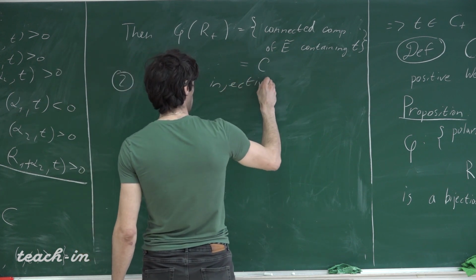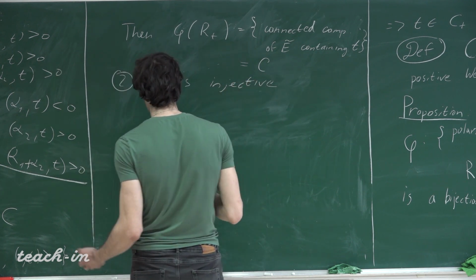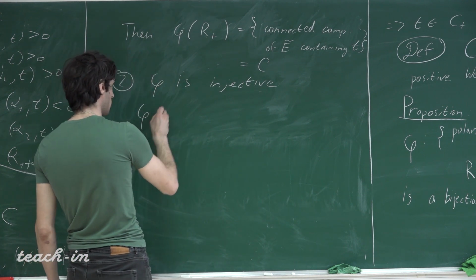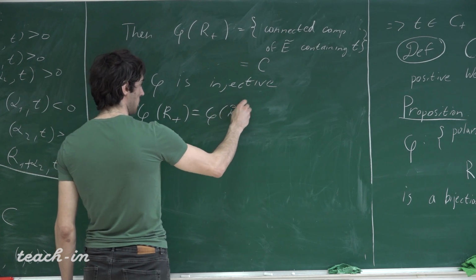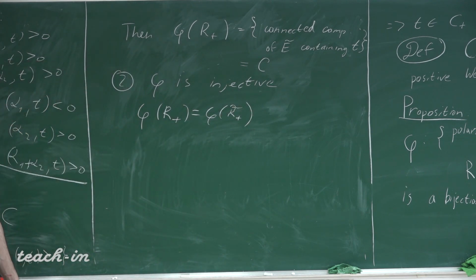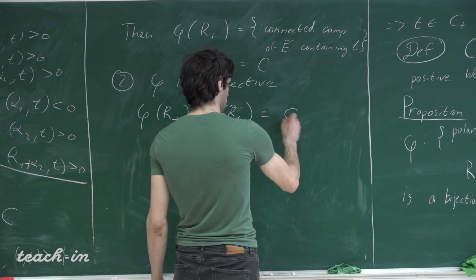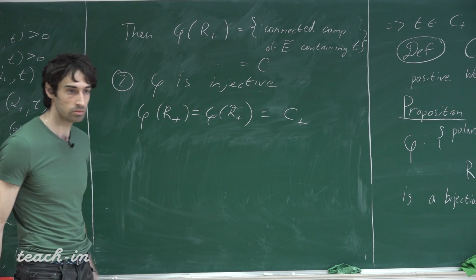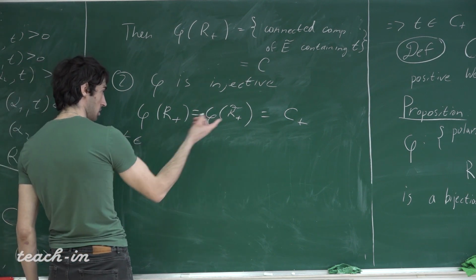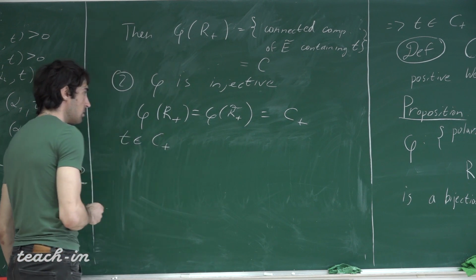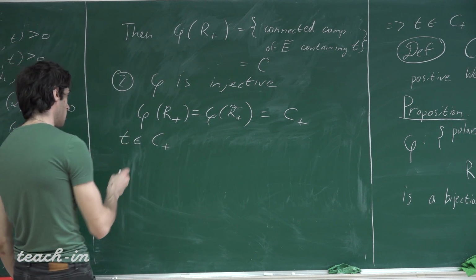Then how to prove that phi is injective? Also pretty simple. So suppose I have two polarizations, so phi of R plus is the same as phi of some other polarization R plus tilde, and this is some C plus, whatever. Okay. Then I take some regular element from C plus, right?